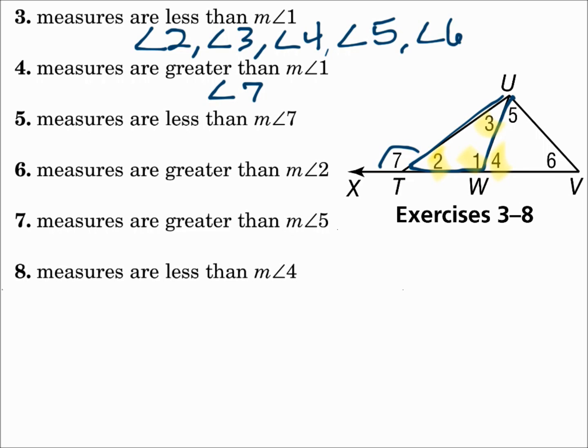Angle 2, angle 4, angle 5, and angle 6 are all acute, so they also have measures less than the measure of angle 7. The exterior angle is greater than the remote interior angle measure, and obtuse angle measures are greater than acute angle measures.